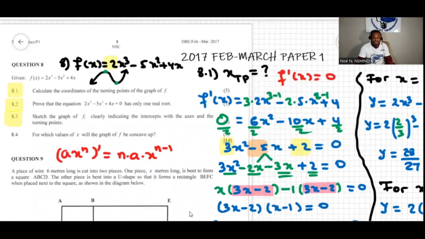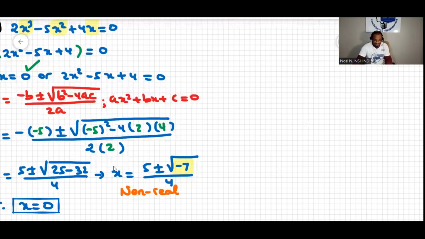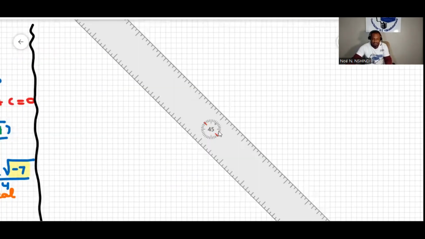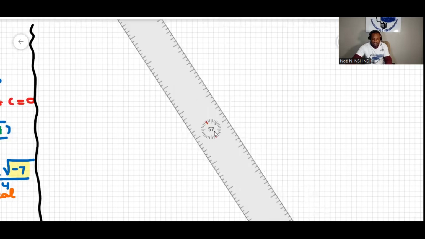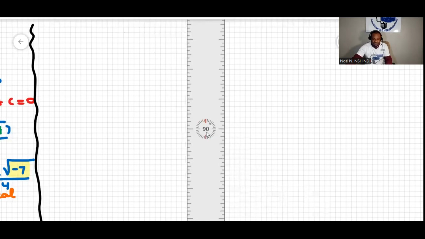Number 8.3, the question says to sketch the graph of f, clearly indicating the intercepts with the axes and the turning point. Now, I'm going to do it over here. Let me just show the graph.